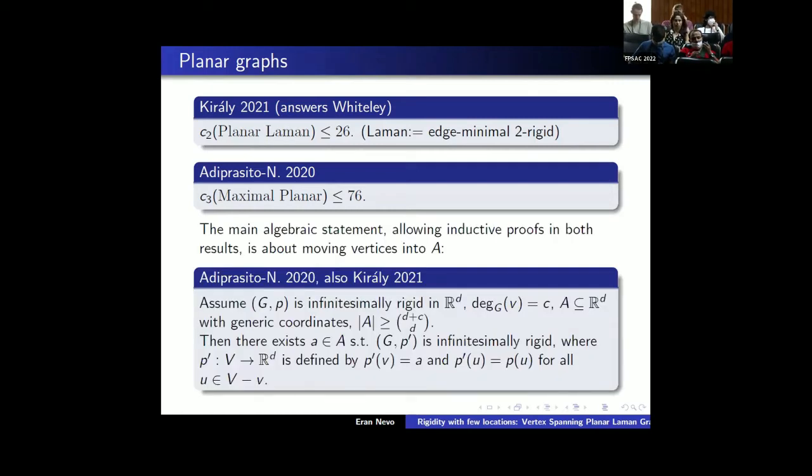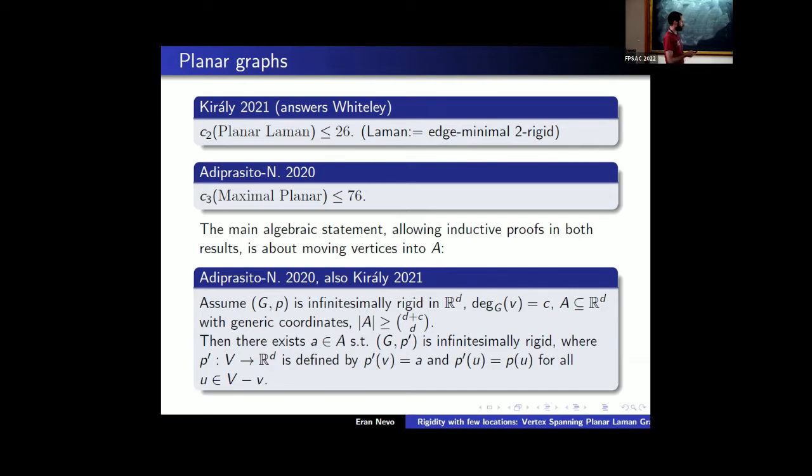Let me tell you the algebraic statement that allows for inductive proofs of both of those two results. The point there is that when you have a rigid framework, now you want to move the vertices one by one into your set A. That's our goal. And so assume that (G,p) is infinitesimally rigid and that a vertex v of G has degree c.